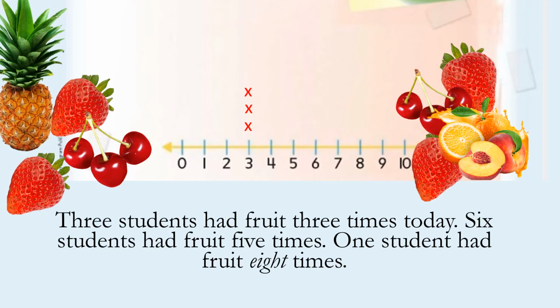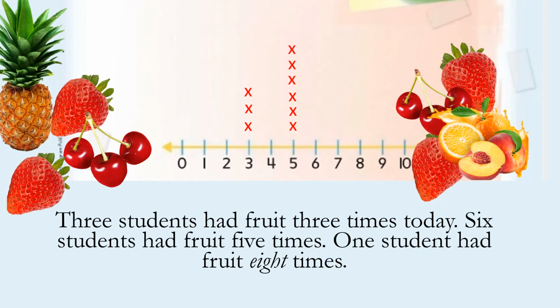Then how many students had fruit 5 times today? There were 6 of them. So we're going to go to the number 5, 3, 4, 5, 6. And we're going to put 6 X's. And what that tells us is that 6 students had this answer. 6 students ate fruit 5 times.